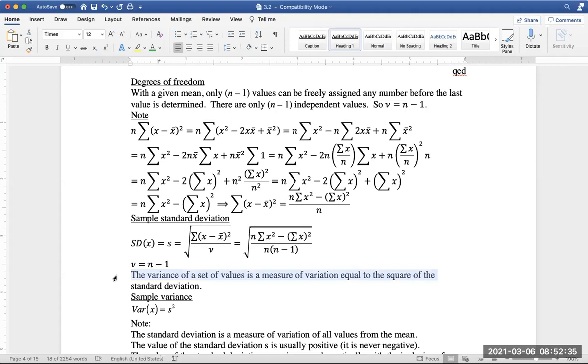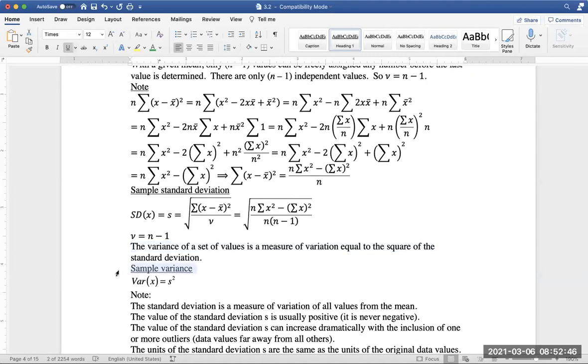The variance will just be the square of the standard deviation. And so my sample variance is denoted by VAR, with a little lowercase x to denote the fact that it's a sample. It's denoted by S squared also, but you can also say that that's its definition.